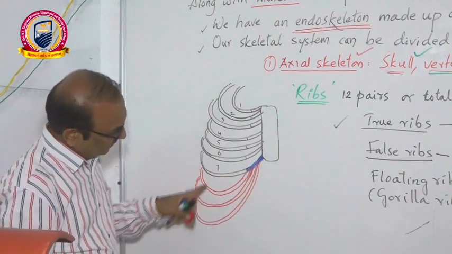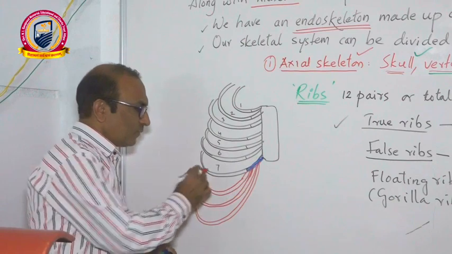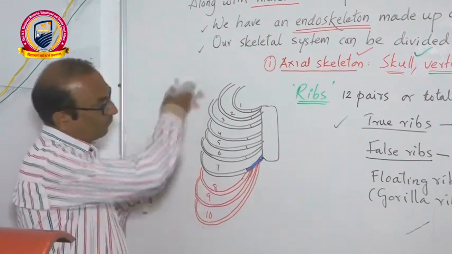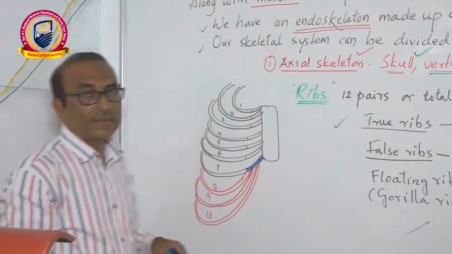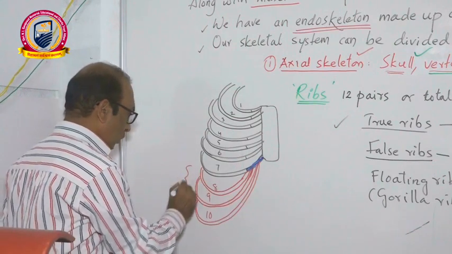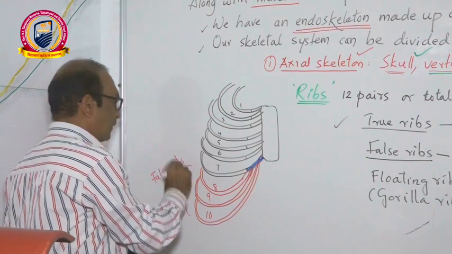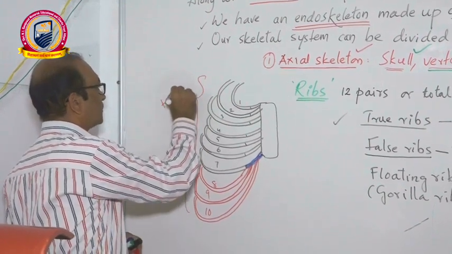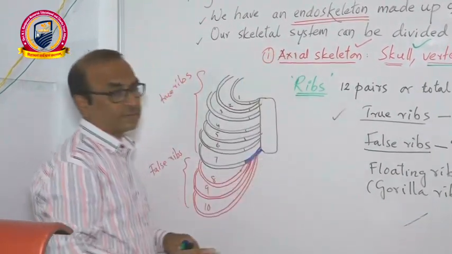So we see that these 3 are articulating with the cartilage of the 7th one. 8th, 9th, 10th. On the back side, that is the dorsal side, all these are connecting to the backbone, but in front there is a little difference. So these 3 are called the false ribs, and these 7 are the true ribs. One side I am showing, a similar set will be there on the other side.